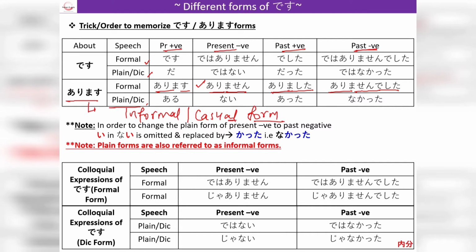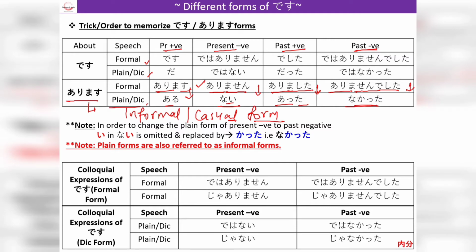We will have to remember it. Arimasu will become aru, arimasen will become nai, arimashita will become atta, and arimasen deshita will become nakatta. So this is the dictionary form of arimasu: aru, nai, atta, nakatta.